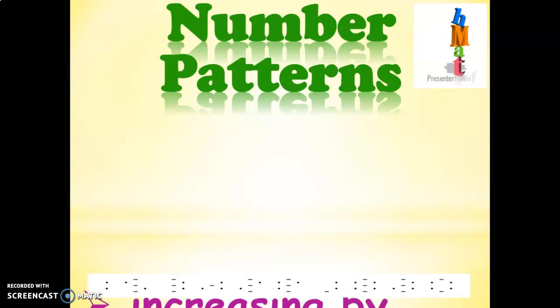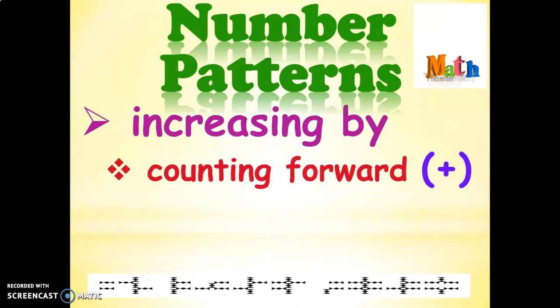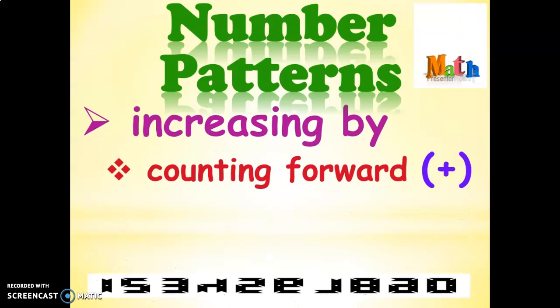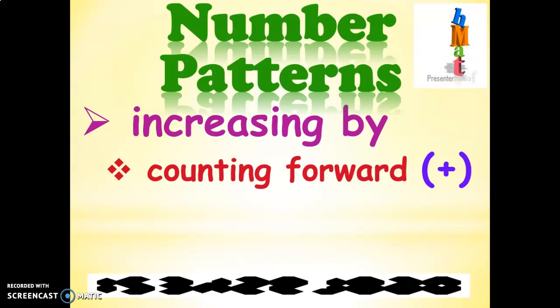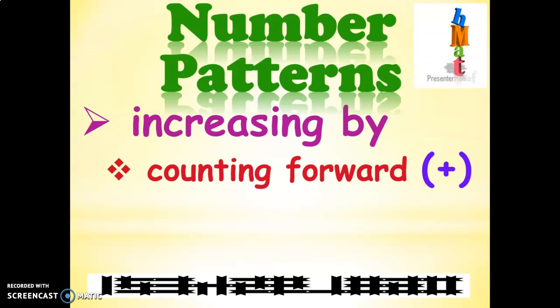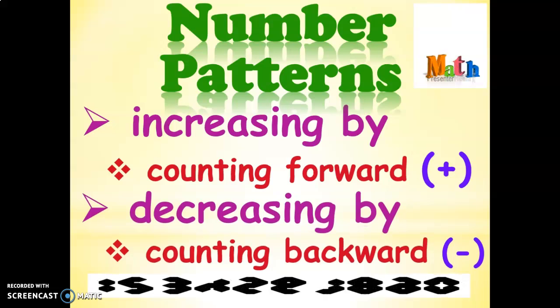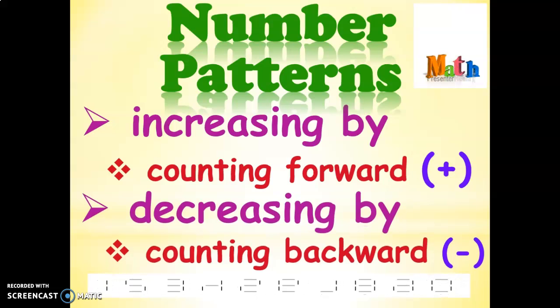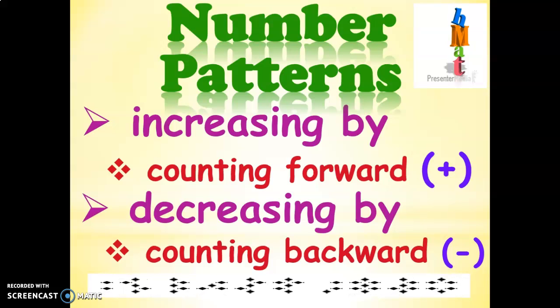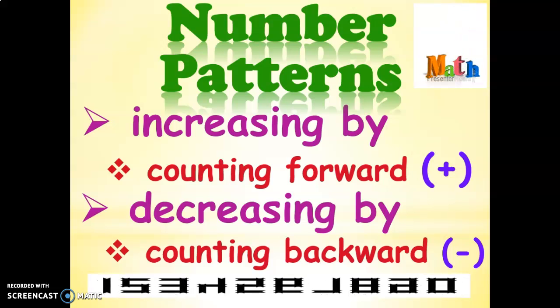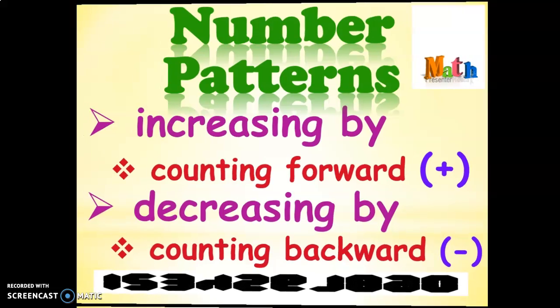The first one is increasing by. This is the same as saying counting forward or using plus. The other rule is decreasing by. This is the same as saying counting backward or using minus. Let's see the examples of number patterns.